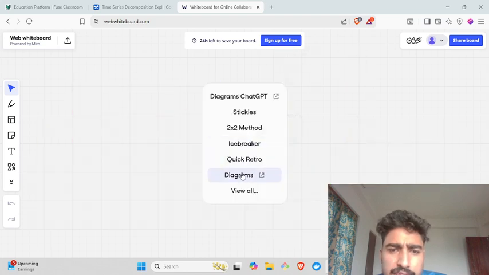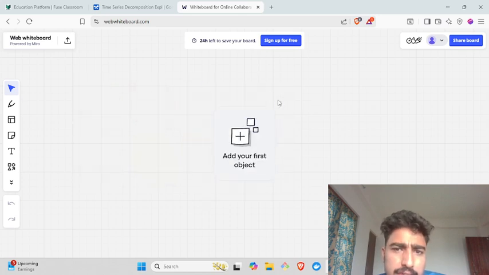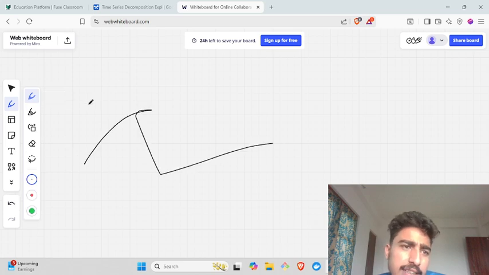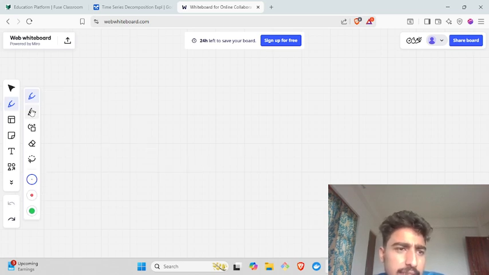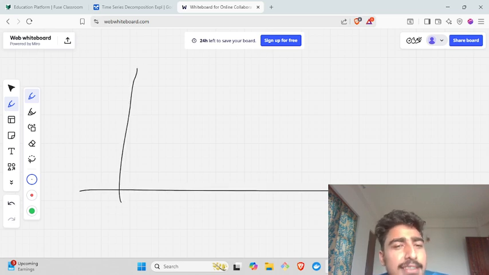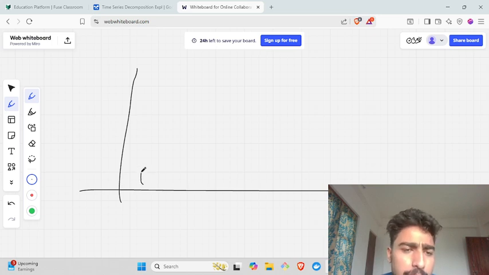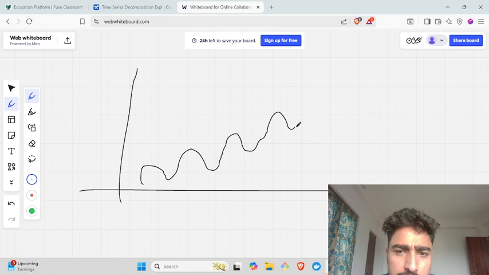How to use this? Okay, consider this is our graph, and talking about when to use the additive model, if our data is showing a trend like this. This is an upward trend.